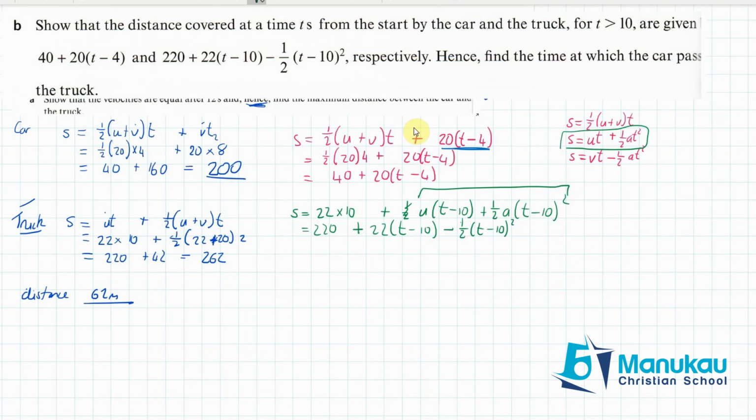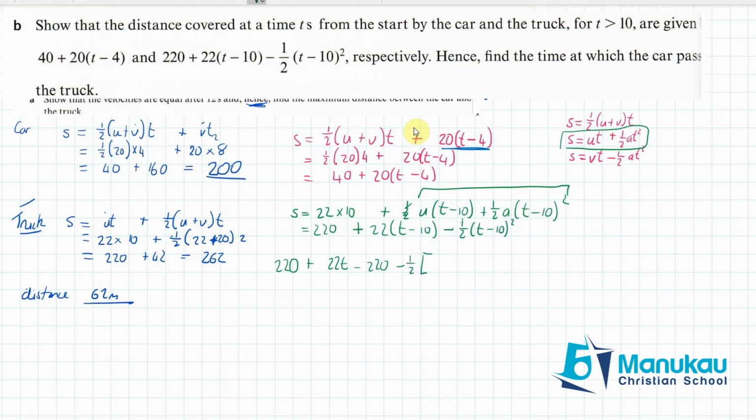And then to find the time at which the car passes the truck, we've got to make these two things equal, which is going to be really annoying, to be honest. On this side, I'm going to go 220 plus 22t minus 220 minus 1/2, and then I'm going to put a bracket here.